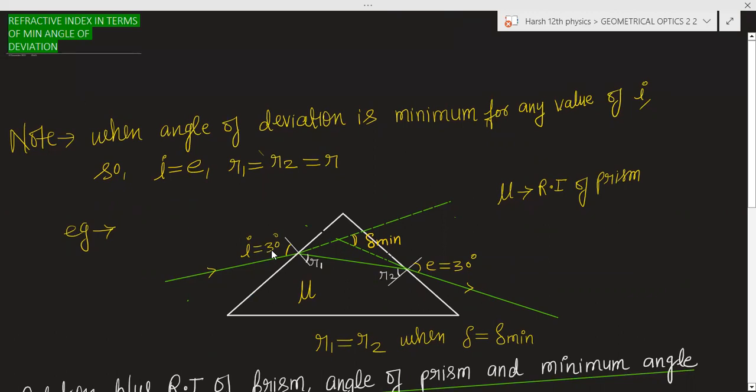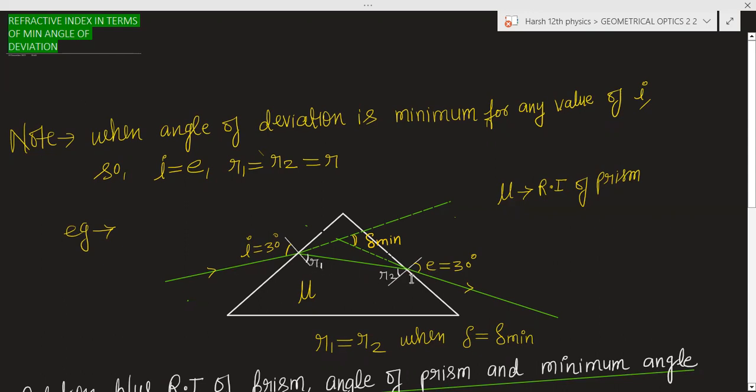This ray, with angle of incidence 30 degrees, has the minimum angle of deviation. At the condition of minimum deviation, the angle of incidence and angle of emergence become equal, so this 30 degrees and the angle of emergence will also be 30 degrees.